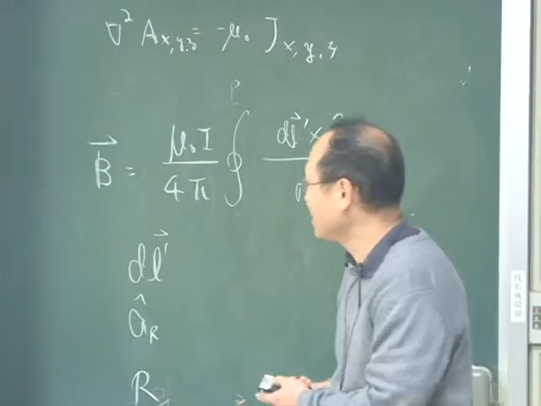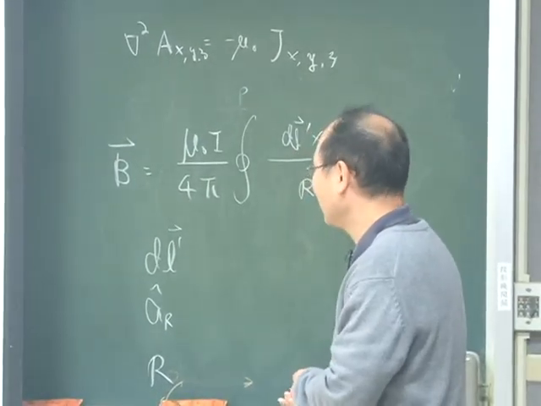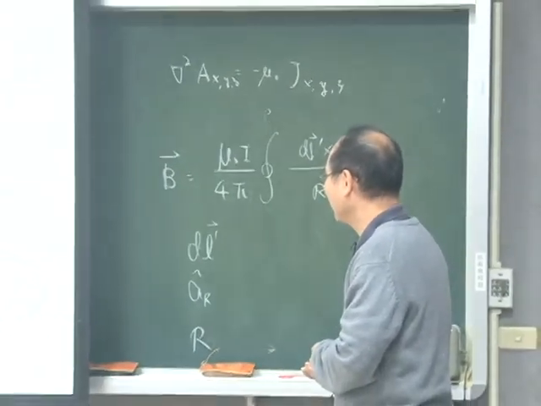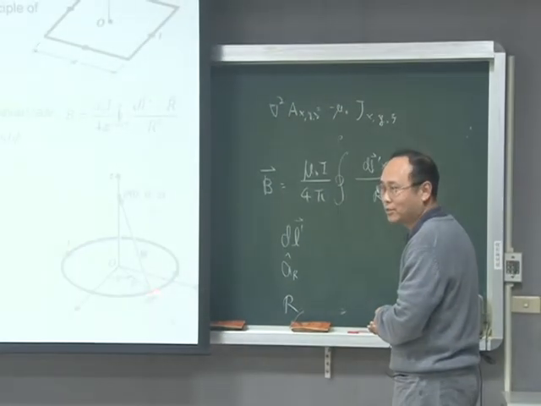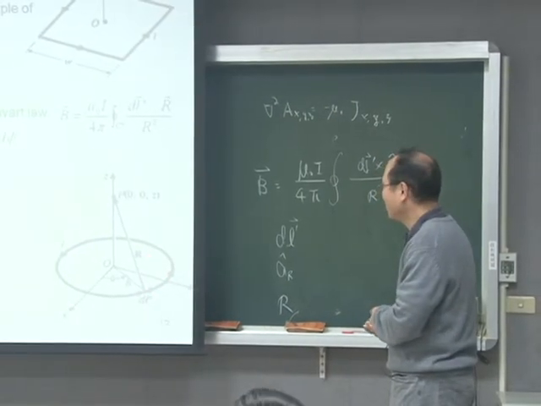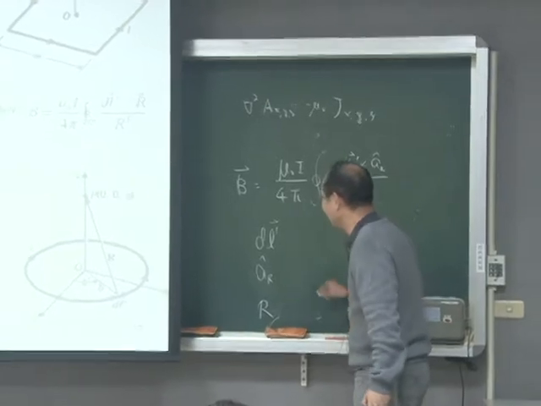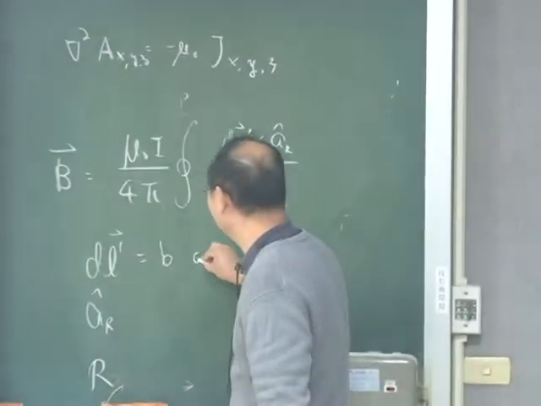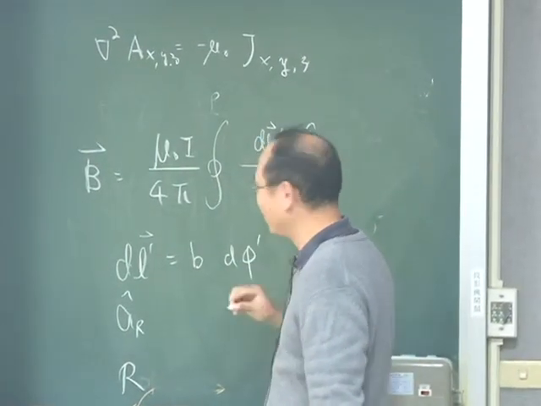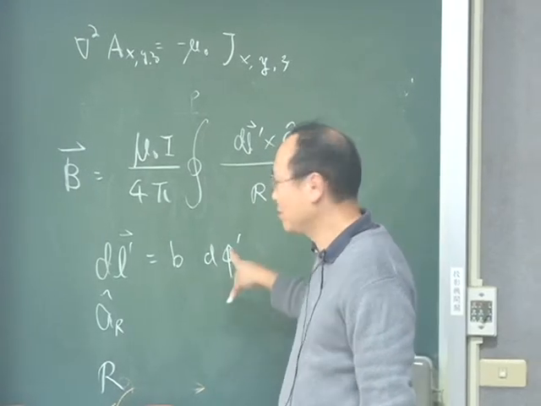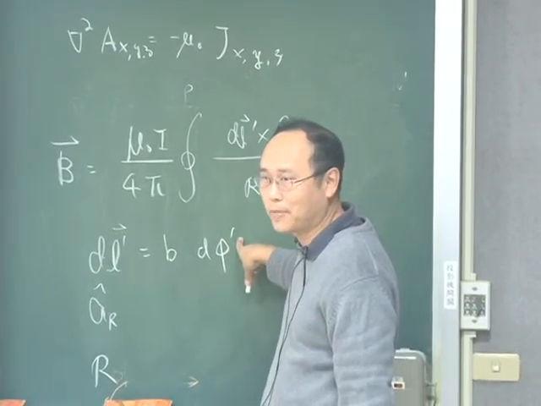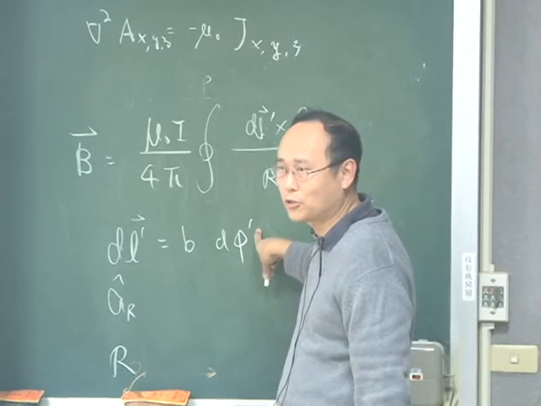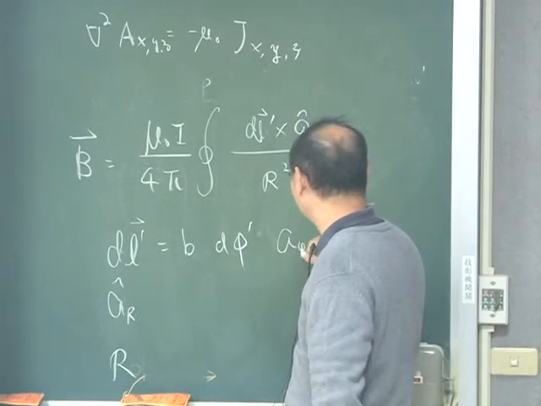Here, your dl prime is a small segment of current on the loop. In this coordinate system, this is B d phi prime. This prime is associated with the source coordinate, and this is along phi direction.